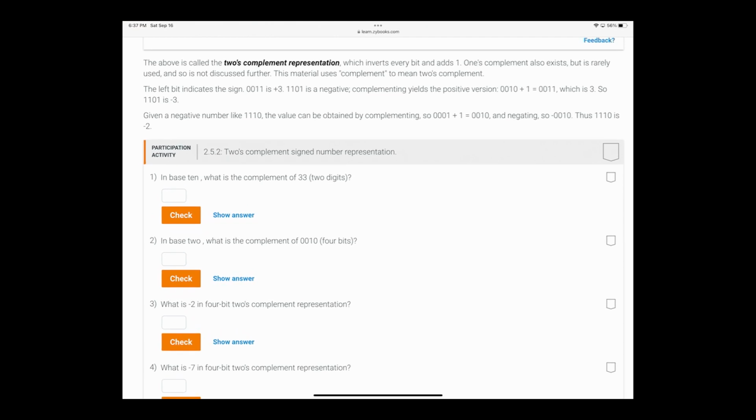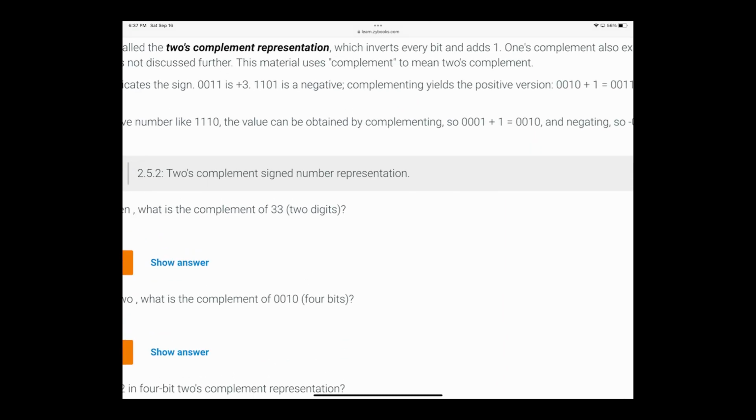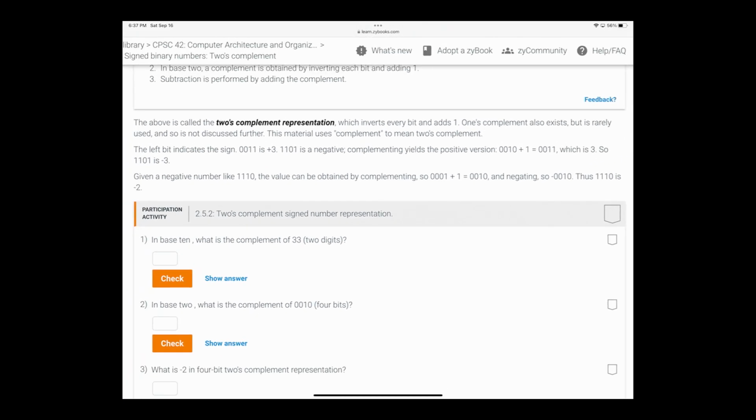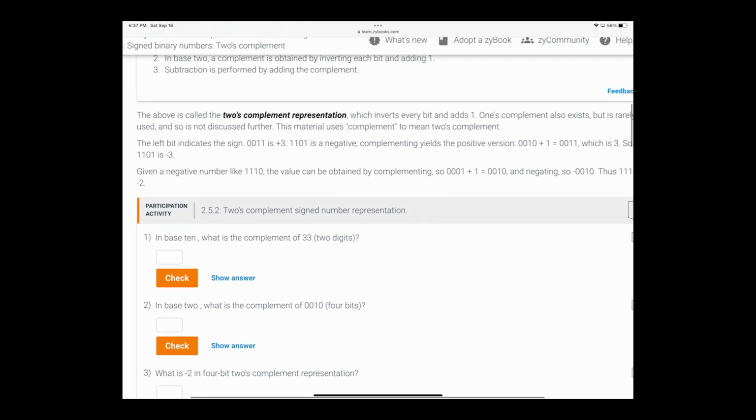All right, so read it right here. Here's the definition. The above is called two's complement representation. So what it says here is invert every bit and add one. That's how you do it. So invert every bit, add one, and that's the two's complement version of the number.